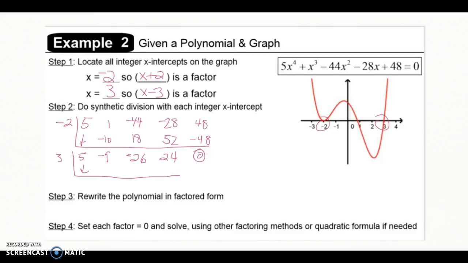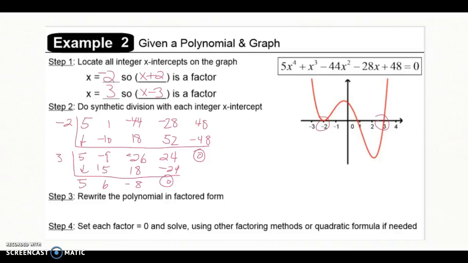Let's break down that synthetic division of x minus 3. Down to 5. 5 times 3 is 15. 15 plus -9 would be +6 times 3 is 18. Plus -26 would be -8. -8 times +3 would be -24. Add those together, 0.